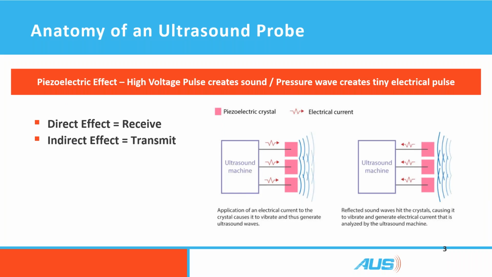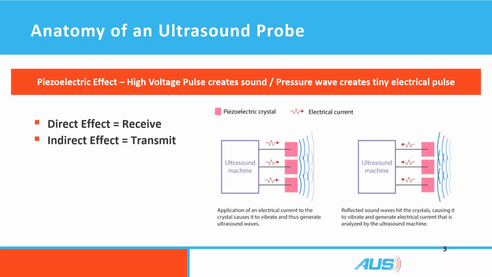If you hooked up a high voltage pulse to quartz, it vibrated and sent out a sound wave. And that was unusual by itself. But the other principle was that if a pressure wave struck the quartz, it would cause the quartz material to generate a tiny electrical pulse.